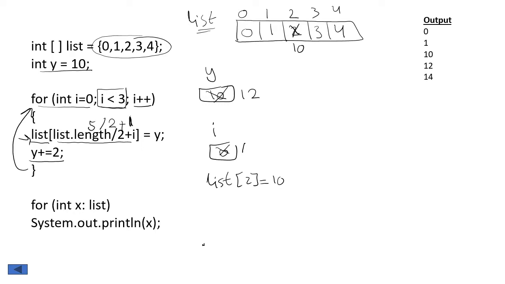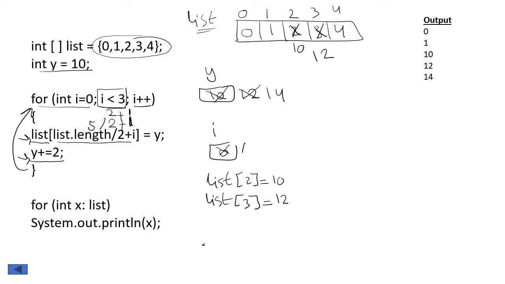So 5 over 2, which is 2, plus 1 is 3. So list at index 3 should equal the current y, which is 12. Go to this location and the value should be 12. Increment y by 2, so it becomes 14.